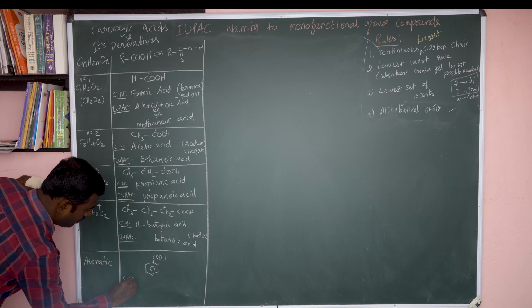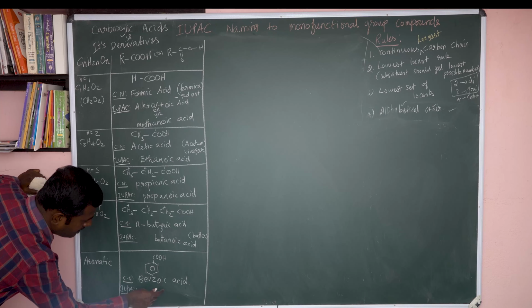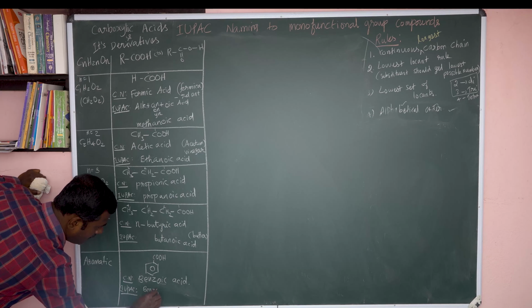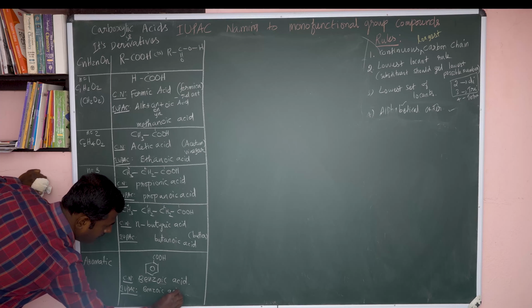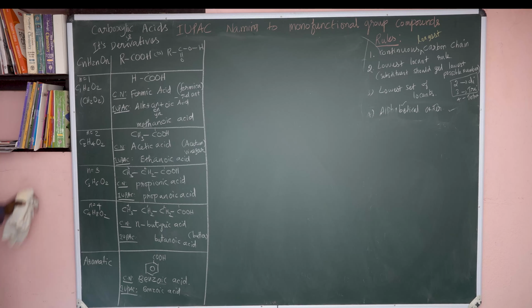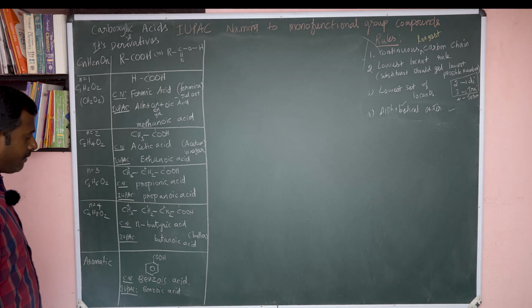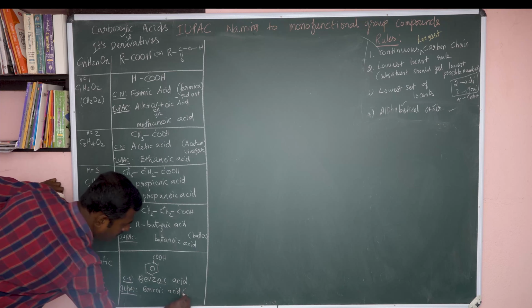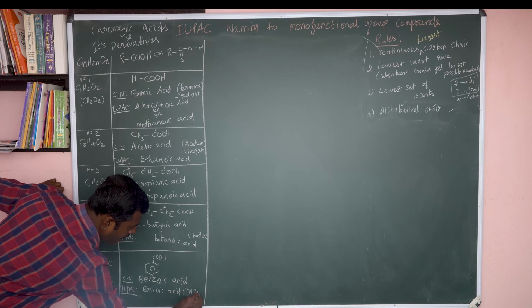And the IUPAC name. Since benzoic acid itself ends with oic acid, in some state board books, benzoic acid itself has been given as the IUPAC name, for example the TN board.